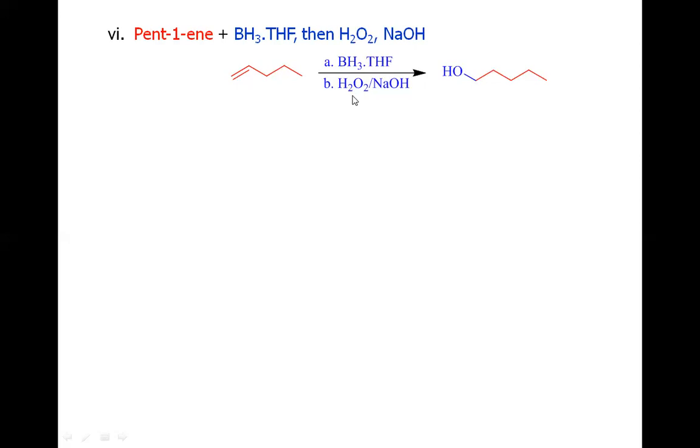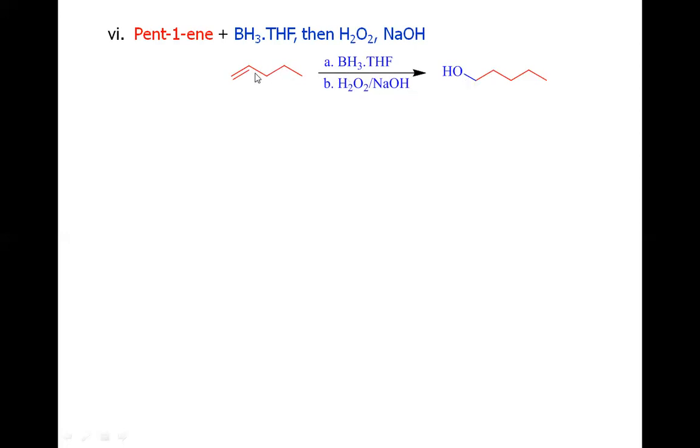Sorry, we will have this alkyl borane here, and then this sodium hydroxide will abstract this hydrogen peroxide hydrogen to have the hydroperoxide anion, which will attack this alkyl borane. And after so many steps, at the very end, we will have this anti-Markovnikov product in our hand.